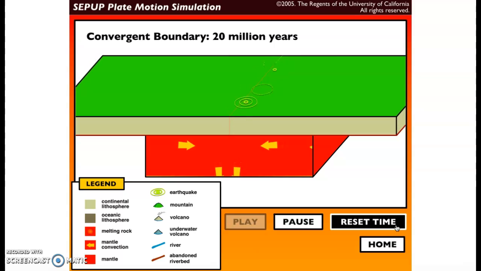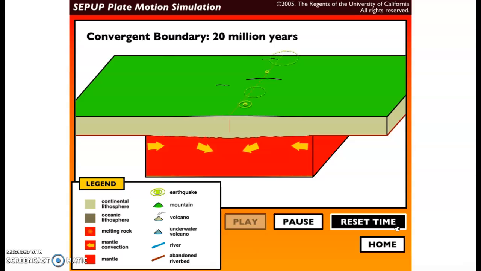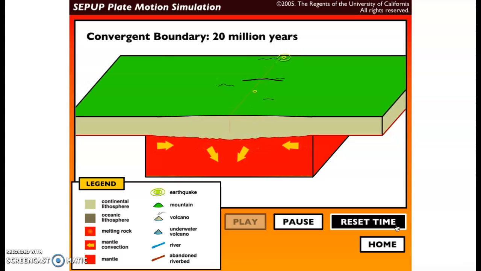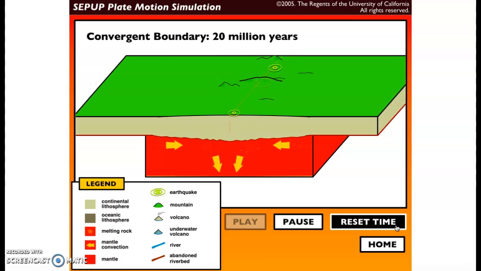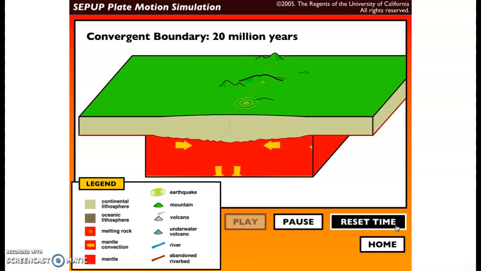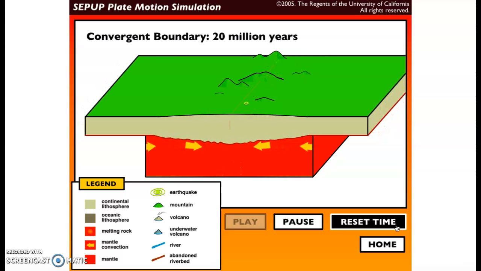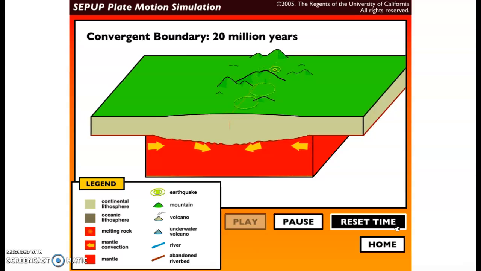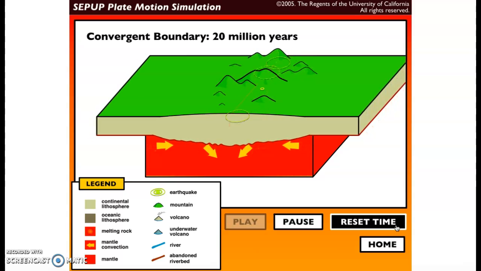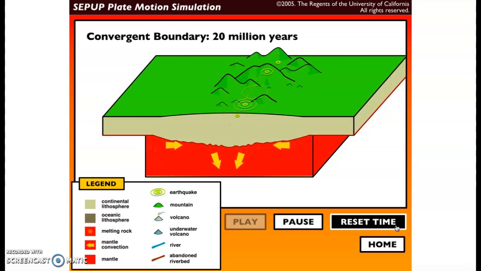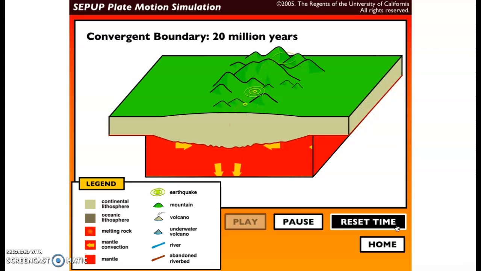So when two plates collide, I see my earthquakes, and I start to see what? I hope that you're saying mountains.